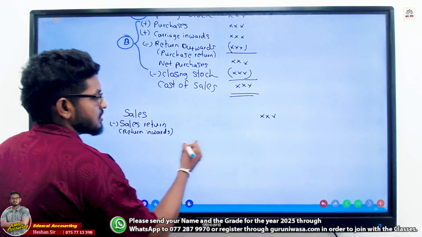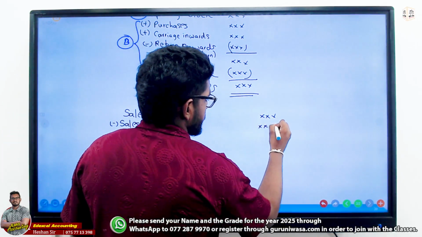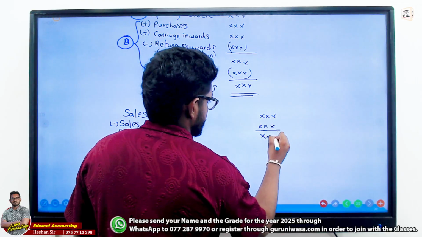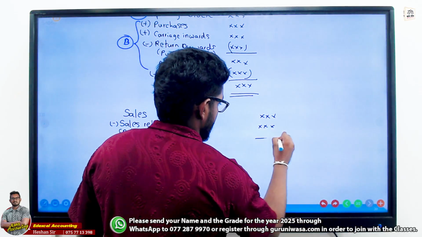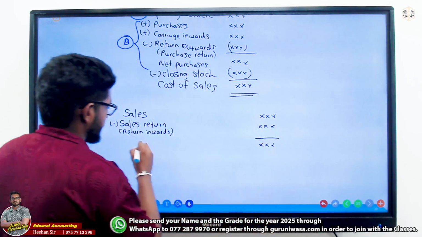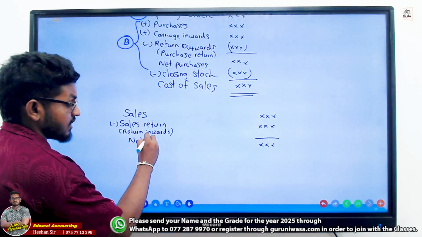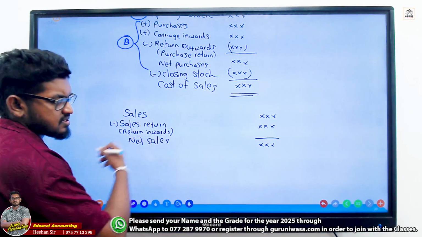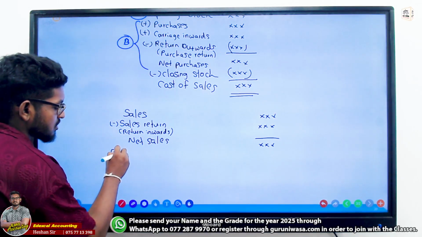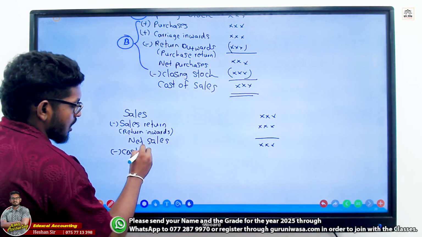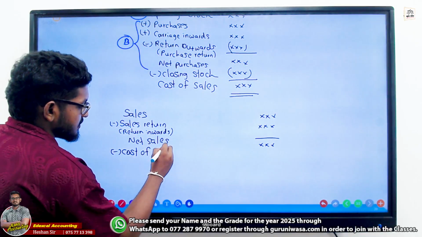Then we get net sales. From net sales we deduct cost of sales.